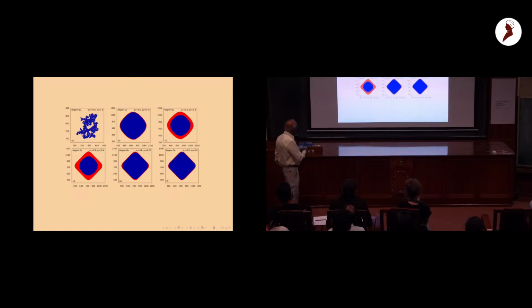Okay, what about the lower ones? Lower ones are like this one. What is the difference between this and this? Okay, so here what happens is that yes, red is growing, blue is growing. They are growing at different rates. The thickness of red is increasing. But if you look at the red cluster, its shape is different from here.